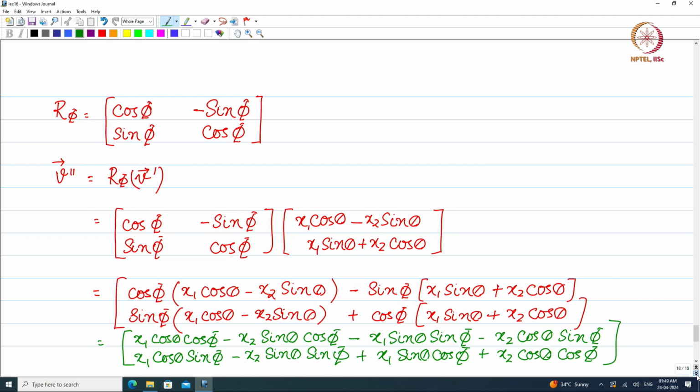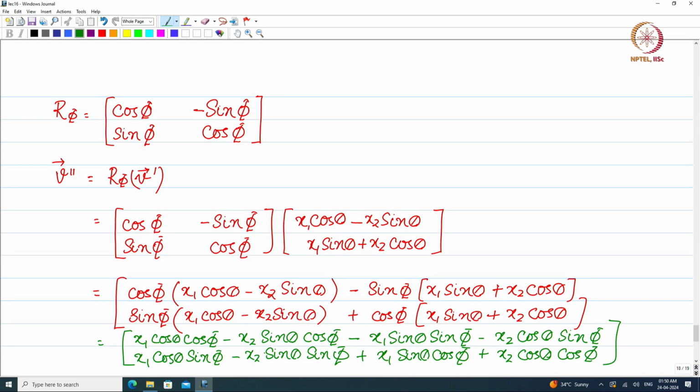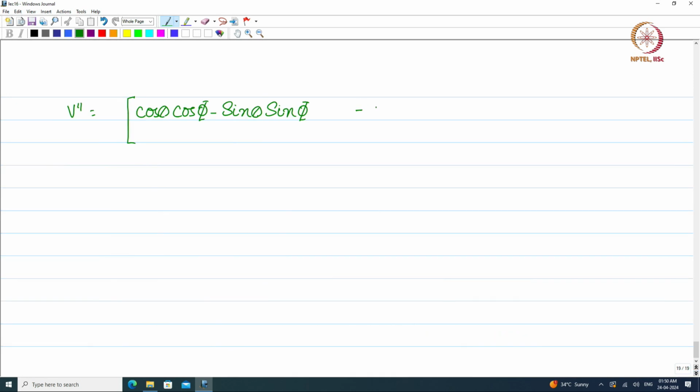So we have that. So we are going to have v double prime is basically this: cos theta cos phi minus sin theta sin phi, and what are we going to have here? X2 is going to be sin theta cos phi plus cos theta sin phi, there is a negative, so I am going to write minus sin theta cos phi plus cos theta sin phi.